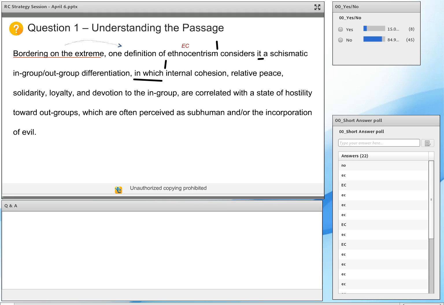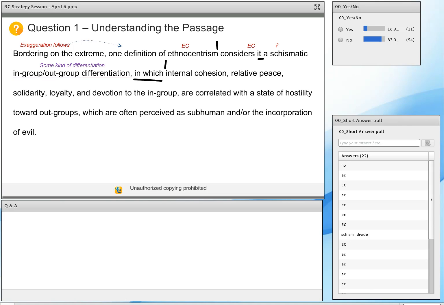And that's absolutely fine, because even if you don't know the meaning of the word schematic, for the sake of your understanding here, all you can say is some kind of in-group out-group differentiation. So one definition of EC considers EC as some kind of differentiation between in-group and out-group. In-group, out-group is very much understandable. People inside the group and people outside the group, right?